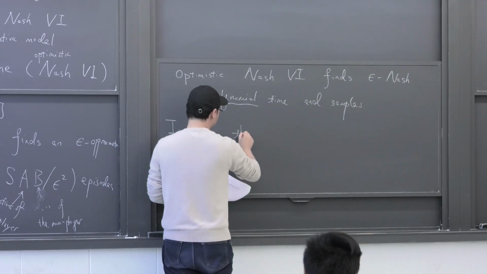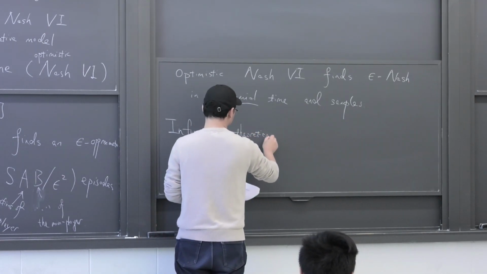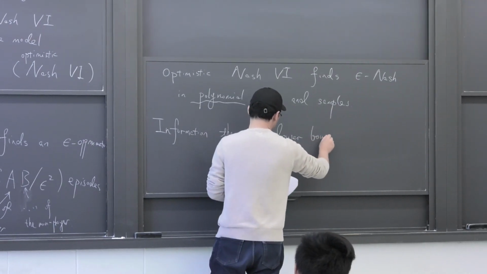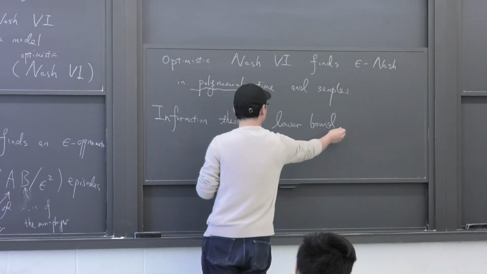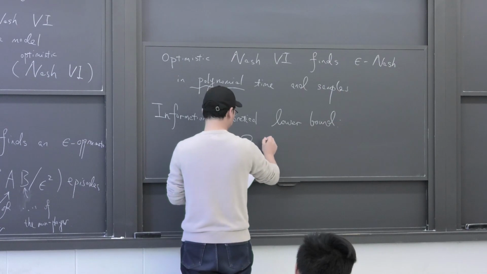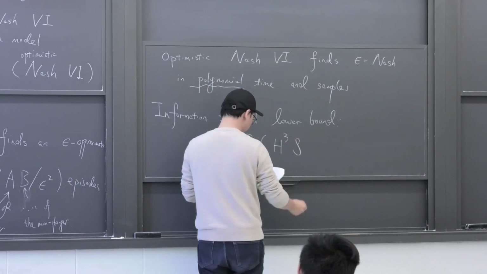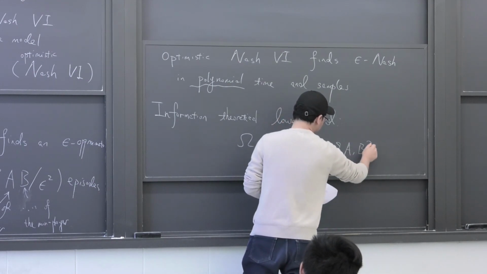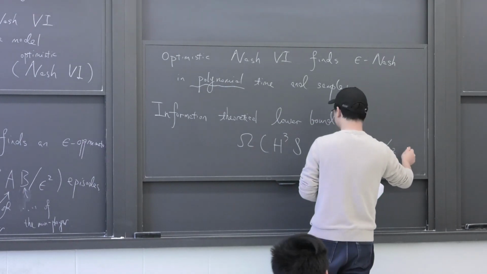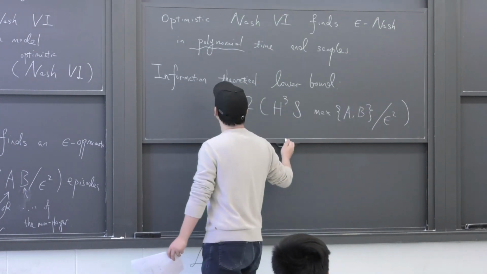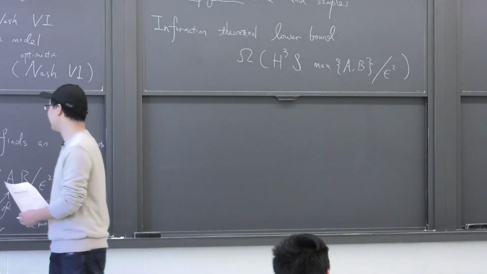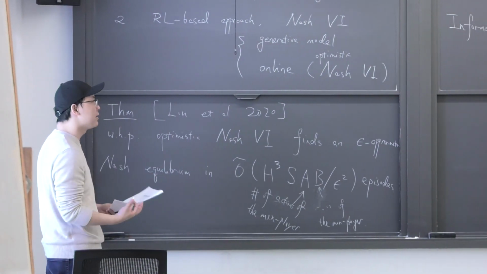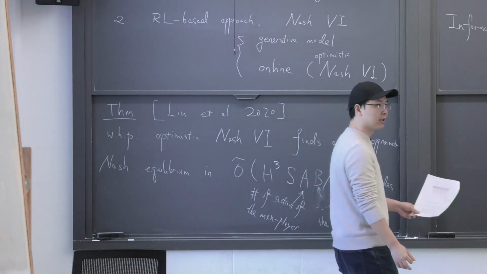The information theoretic lower bound one can prove is something like this: omega of H cubed S max(A, B) over epsilon squared. So something more interesting happens in the game: in the lower bound at least, we actually don't need to pay the product of the actions.